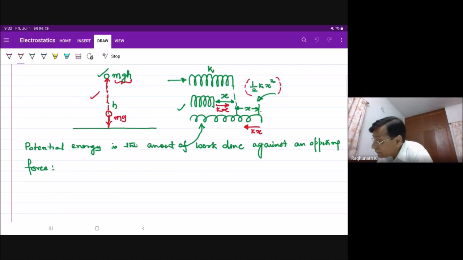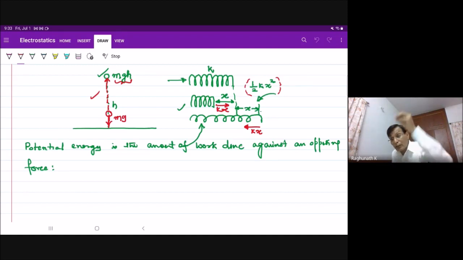Amount of work done against an opposing force. If we do the work, or if we don't do the work, the field will do the work. Keeping an object at a particular height, if you leave it, gravitational pull takes it down.